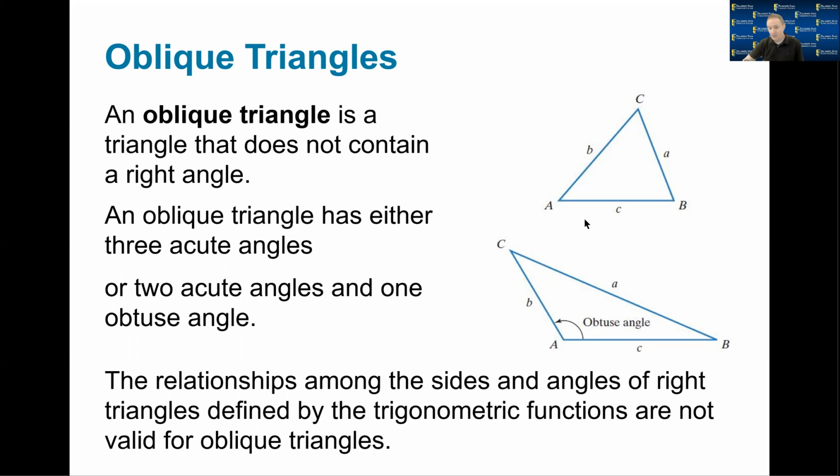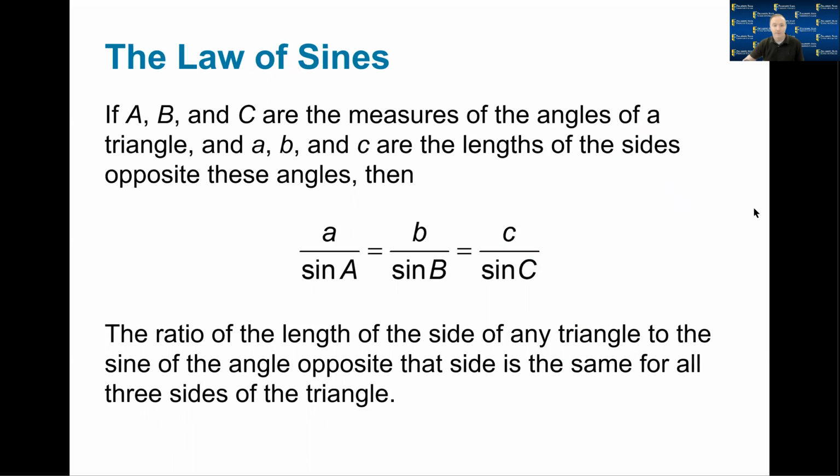But what you can rationalize just by common sense here is that the larger the angle is, the larger the side opposite that angle is. So if angle A is larger than angle B, then side A would be larger than side B. And we'll talk about that as we go throughout our problems.